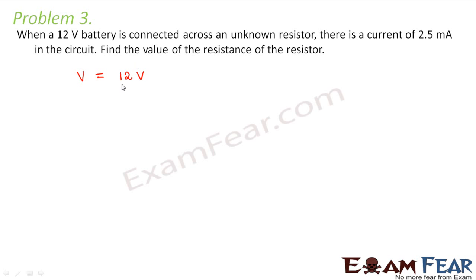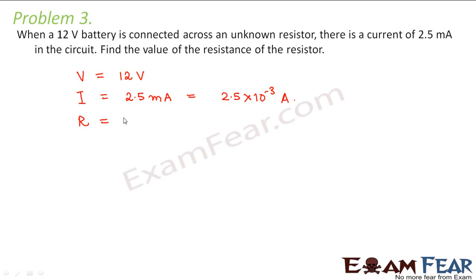That means this battery is capable of producing a potential difference of 12 volts. I told you before also that potential difference is generated by cells or batteries. So what is the amount of current flowing through the circuit? That is 2.5 milliamperes, which can be written as 2.5 into 10 to the power minus 3 amperes.